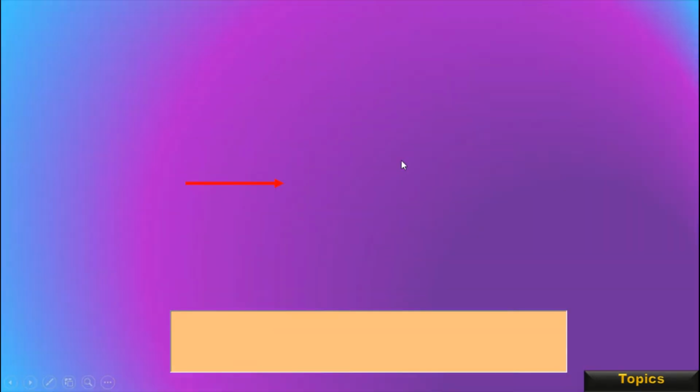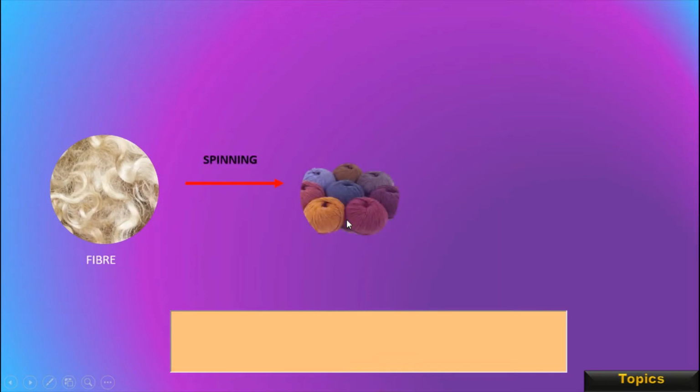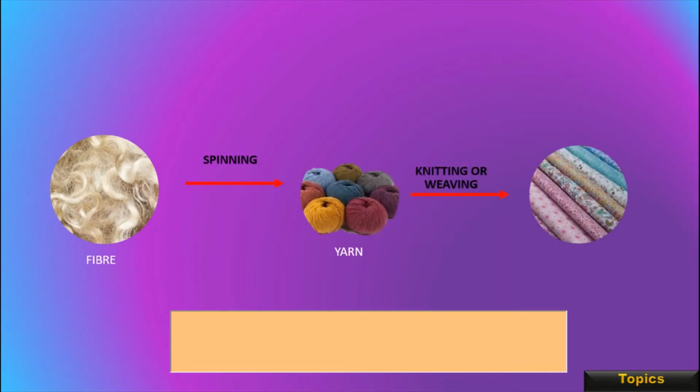So now let us see here. First there is a fiber which is turned into yarn with the process of spinning, right? Using a chakra or something else into yarn. This yarn is weaved or knitted into fabric, right?